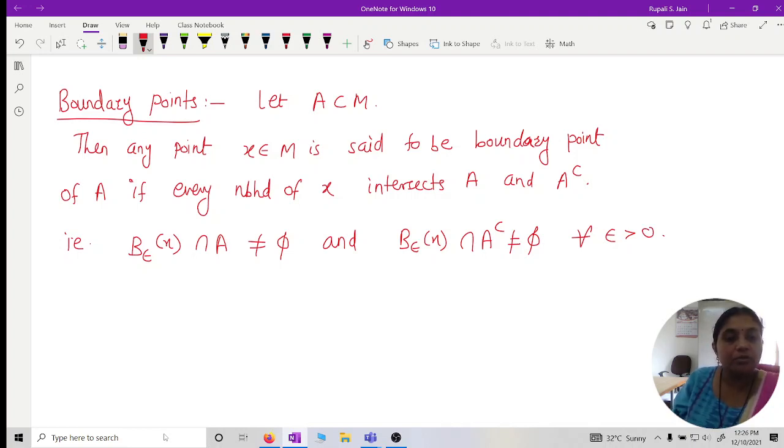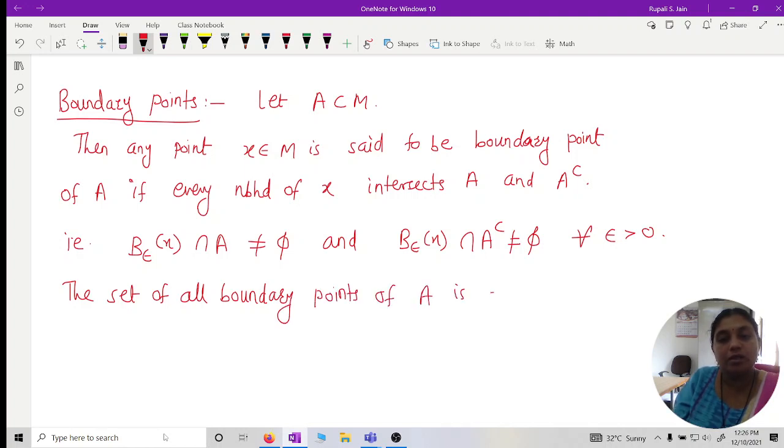Okay, and the set of all boundary points of A is denoted by bdry of A. So how can I write?